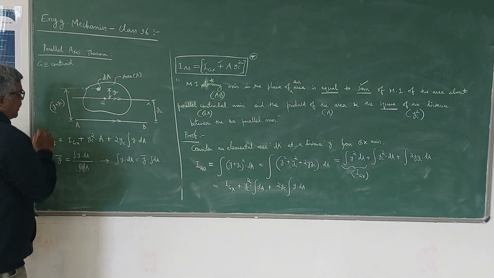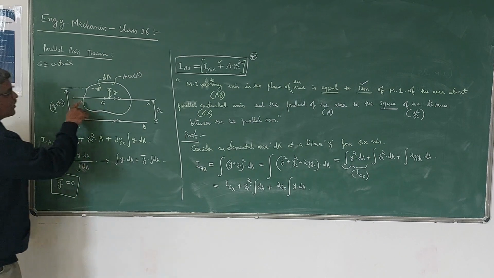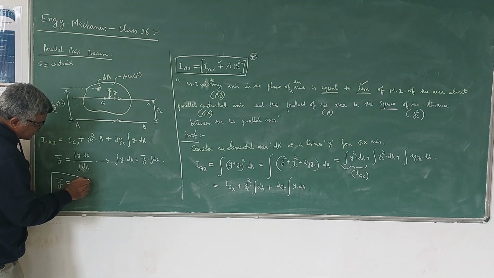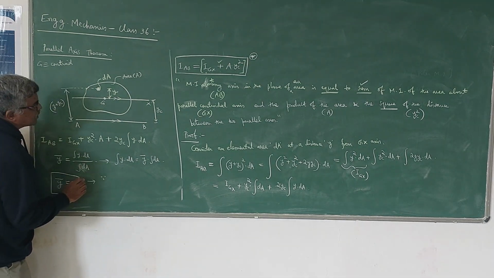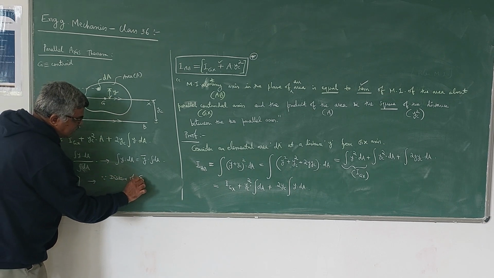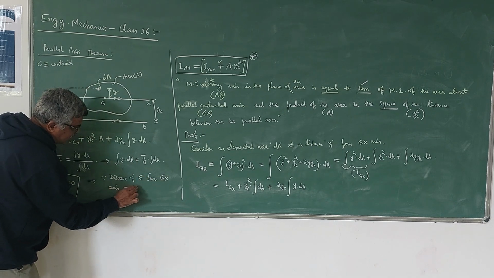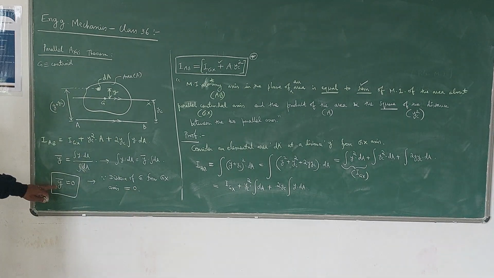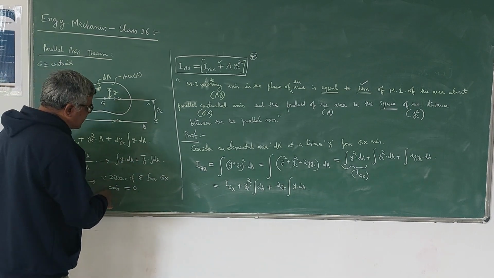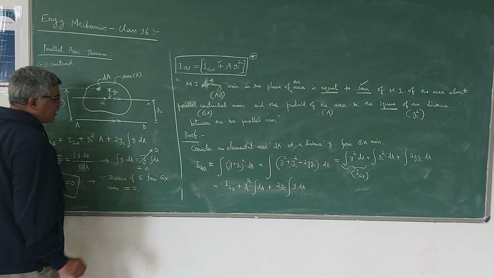Since the centroid lies on this axis, which acts as the x-axis, y bar is equal to 0. This is because y bar is the distance of G from the GX axis, and since G lies on the GX axis, the distance becomes 0. Once y bar is 0, this integral y dA becomes 0. Very important step.